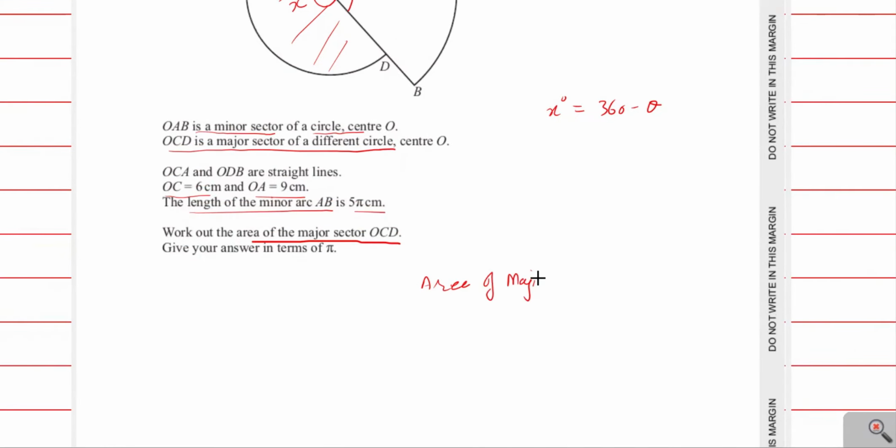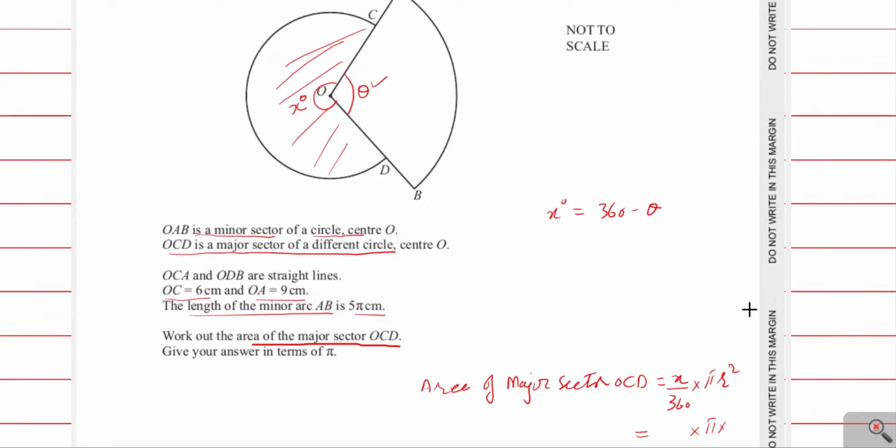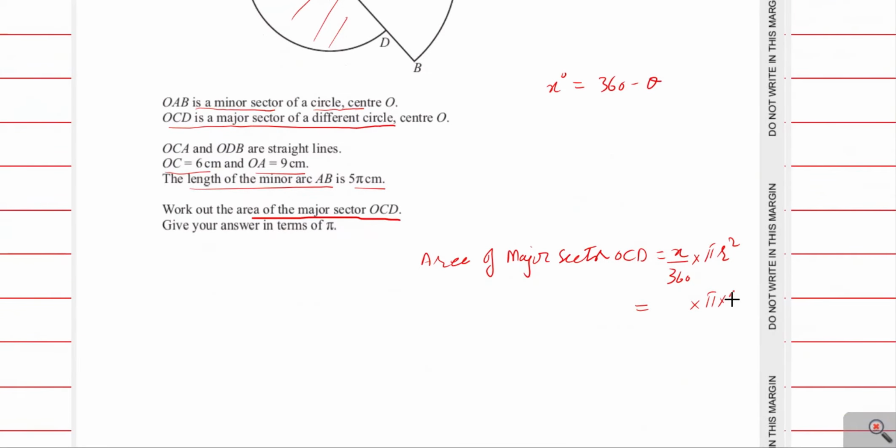After calculating this angle, we can calculate the area of the major sector. And the area of major sector OCD will be equal to x over 360 multiplied by pi r square. Here r is the radius, this is OC, and OC length is 6, so we write 6 squared, and x over 360.